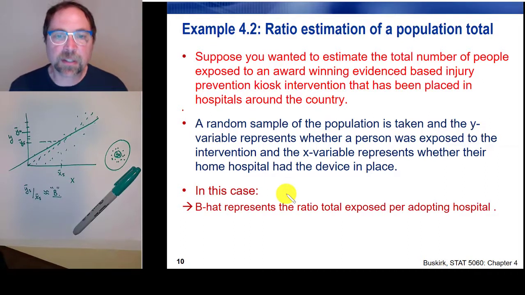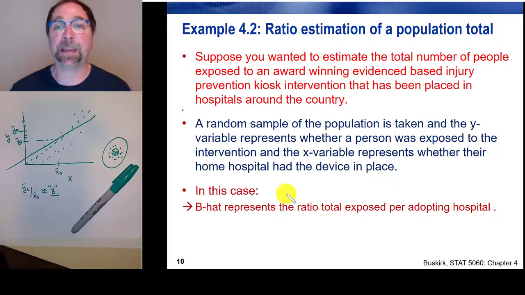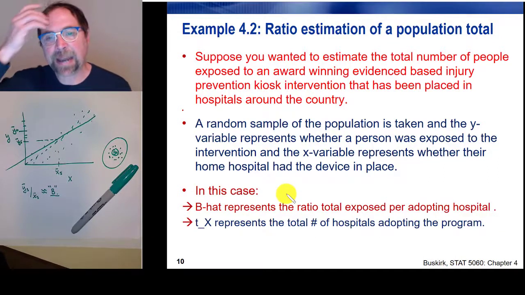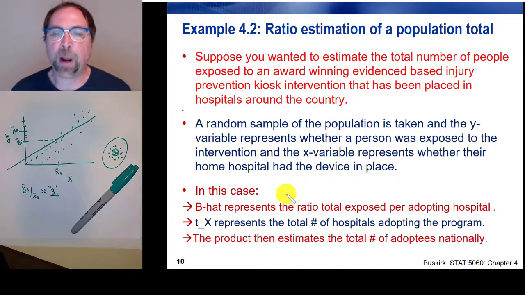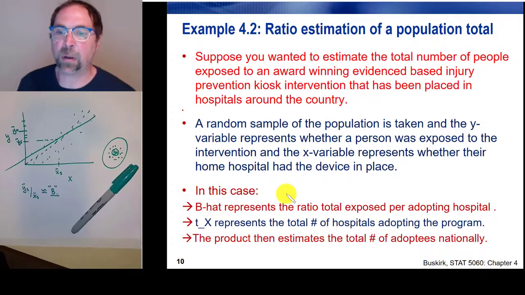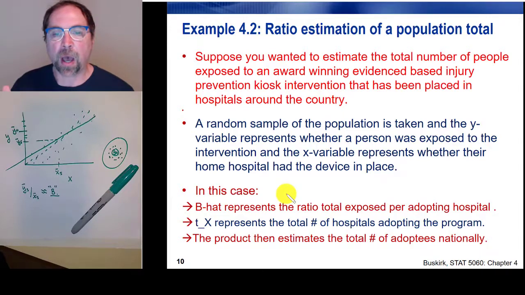This is a way for me to get a better rate, looking at the total number exposed divided by the total number of places where they could be exposed. So this T hat X represents the total number of hospitals adopting the program, and the product of the B hat times the total estimates the total number of adoptees nationally. This is again where we're looking at a Y bar total, for example.